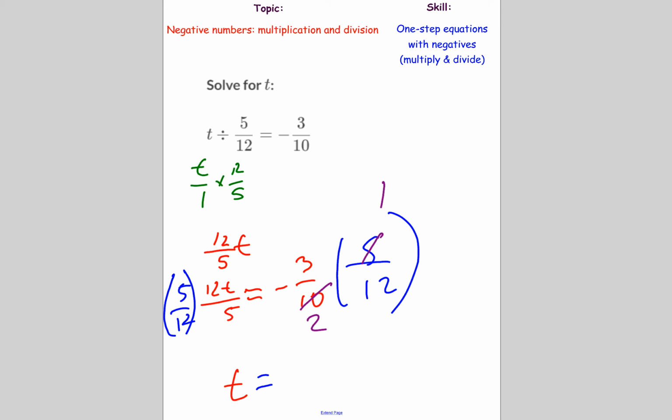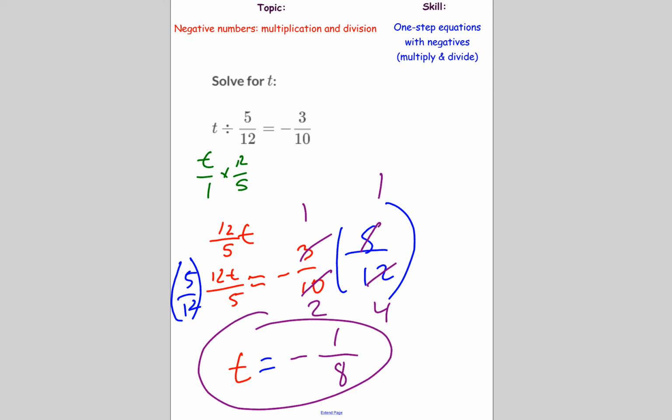How about 3 and 12? Absolutely. 3 goes into itself once, 3 goes into 12 4 times. So when I multiply across, first of all, this is a negative times a positive, gives me a negative answer. And the numerator is 1 times 1 is 1, and 2 times 4 is 8. So the answer is negative 1/8.